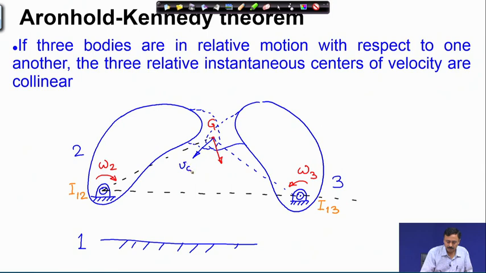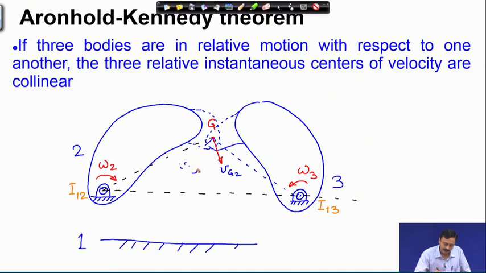So, this is V G 3 and this is V G 2. Now, they do not match, so definitely G cannot be the relative IC of 2 and 3.